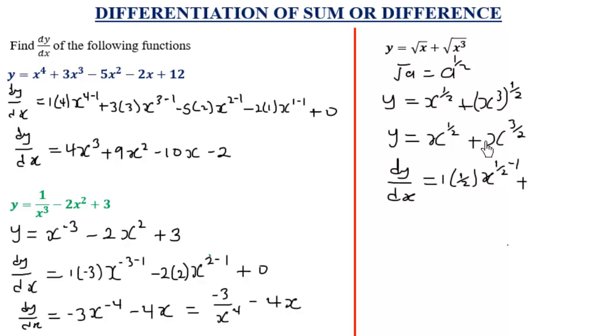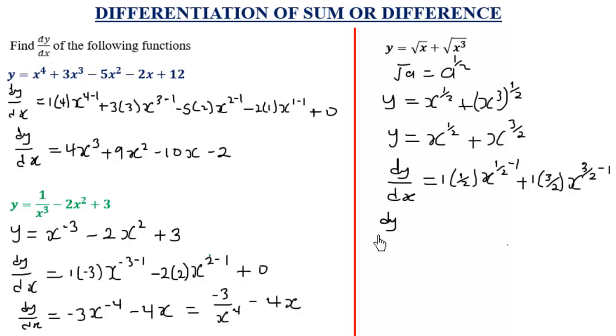Now once again the coefficient of this x is 1. We bring it and multiply by the exponent, which is 3 on 2. Now x will be 3 on 2 also minus 1.